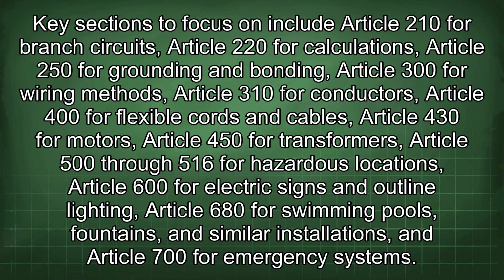Key sections to focus on include Article 210 for branch circuits, Article 220 for calculations, Article 250 for grounding and bonding, Article 300 for wiring methods, Article 310 for conductors, Article 400 for flexible cords and cables, Article 430 for motors, Article 450 for transformers, Article 500 through 516 for hazardous locations, Article 600 for electric signs and outline lighting, Article 680 for swimming pools, fountains, and similar installations, and Article 700 for emergency systems.